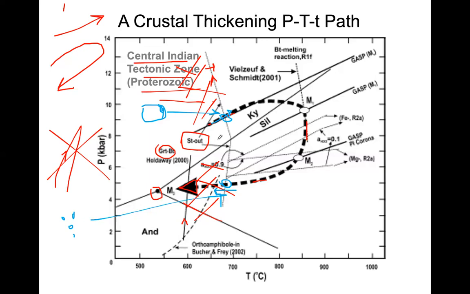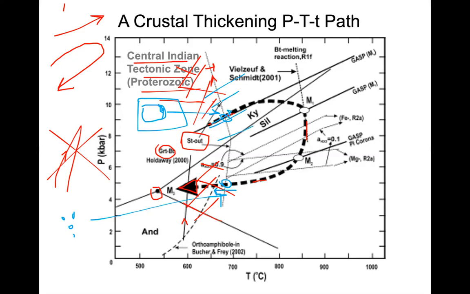So unless you have PT determination by thermobarometry for that particular staurolite-bearing mineral assemblage, you cannot say that your PT path should go through this region or this region or here or down there, right?